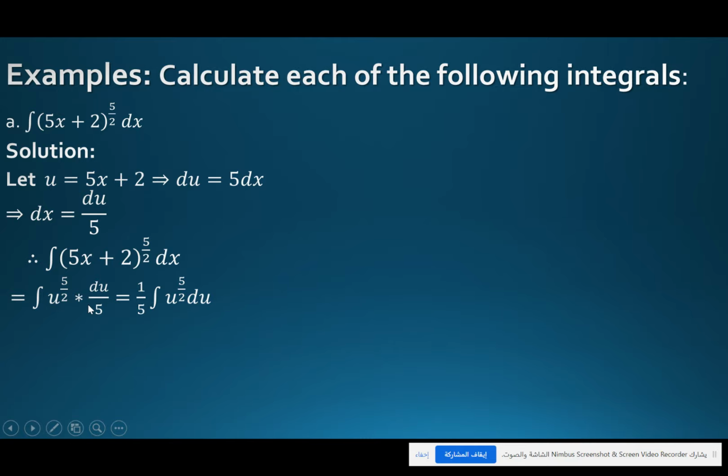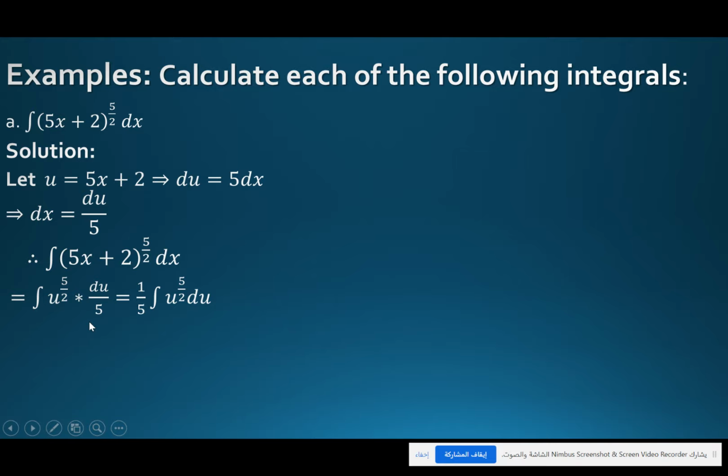From where we got that, we are replacing 5x plus 2 all by u and writing it here with the same power, which is 5 over 2. Before, we had dx, and we made dx the subject after we derived it, so we're going to replace it by du over 5 from this step.